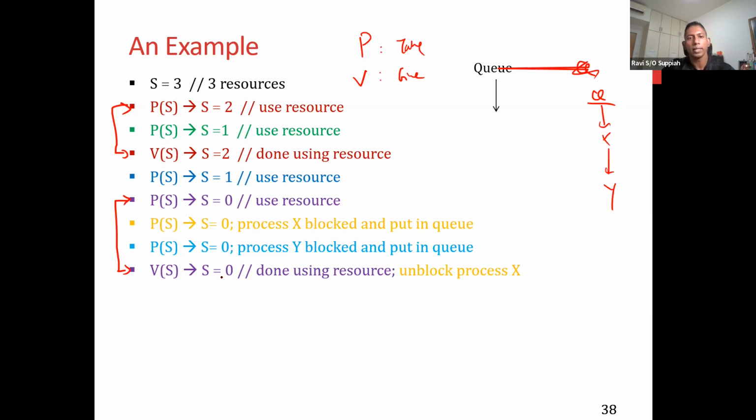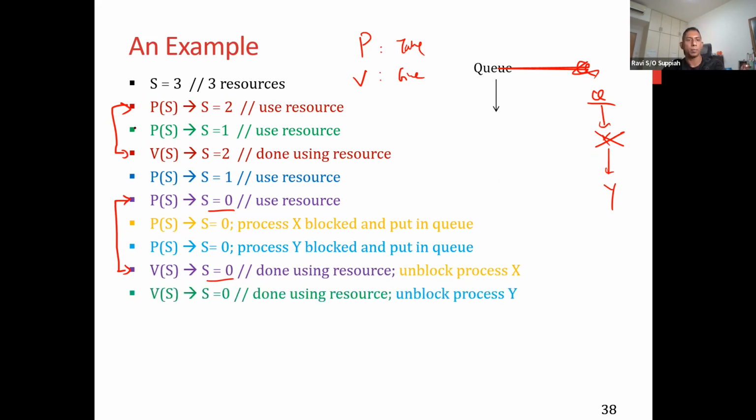So when I return, the count doesn't go up, because I take from one person and immediately give it to another person. I take from the task that is returning it, and I immediately give it to the person in the queue, which is X. So X will go out of the queue and go to the ready state.